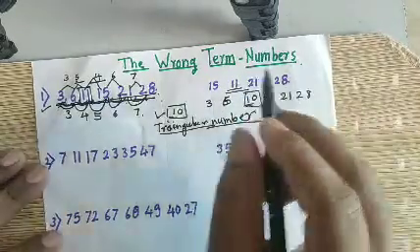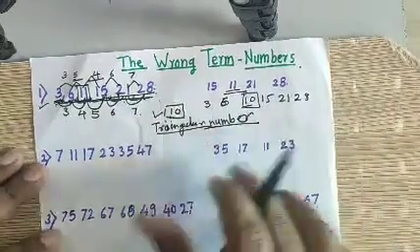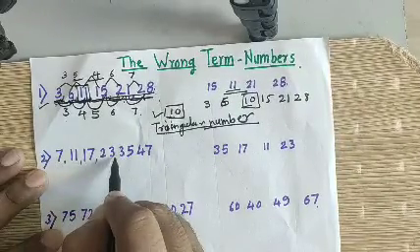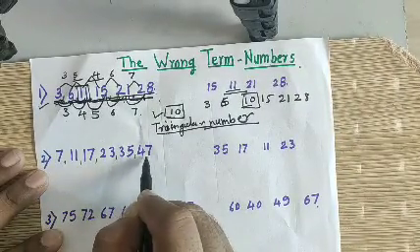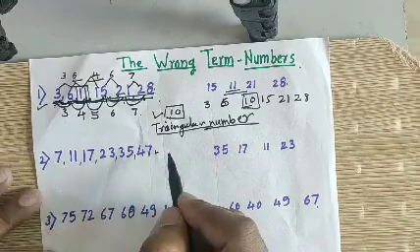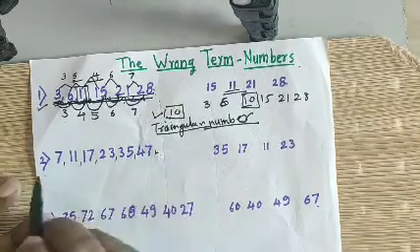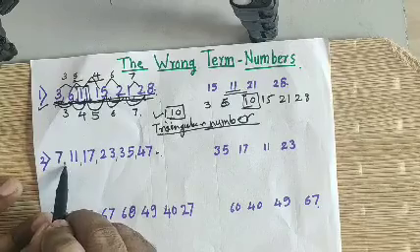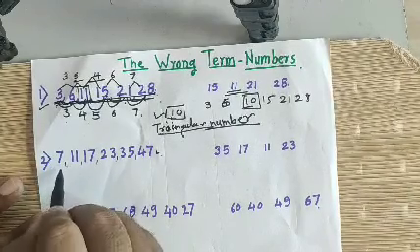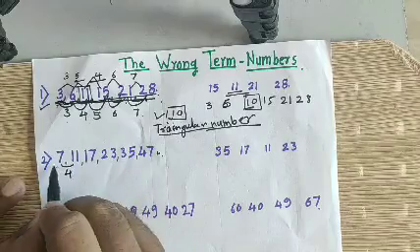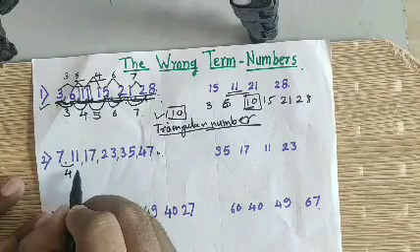Okay, the next example is 7, 11, 17, 23, 35, 47. We can easily identify that there is a difference of 4 between the first term and second term.